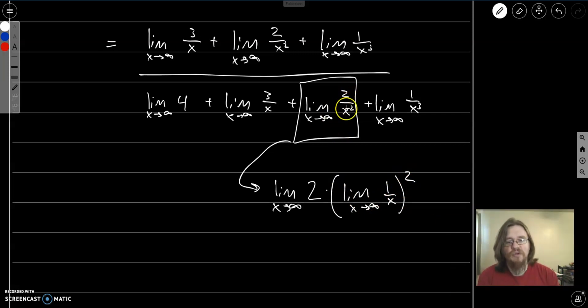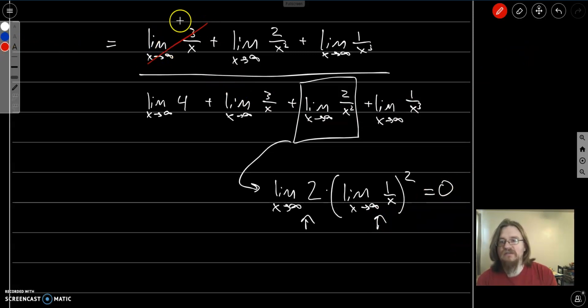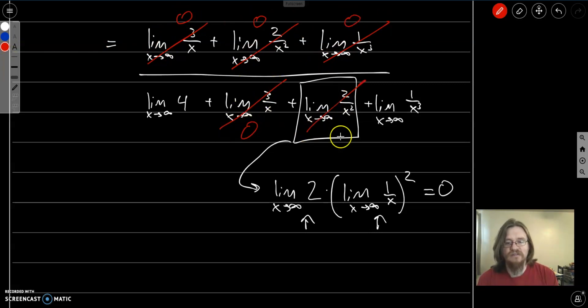Again, I can pull apart a fraction into 2 times 1 over x squared, and 1 over x squared is the same thing as 1 over x, quantity squared. This is 2, this is 0, so this whole thing is 0. And what you'll notice is that this is 0, this is 0, this is 0, this is 0, this is 0, and this is 0.